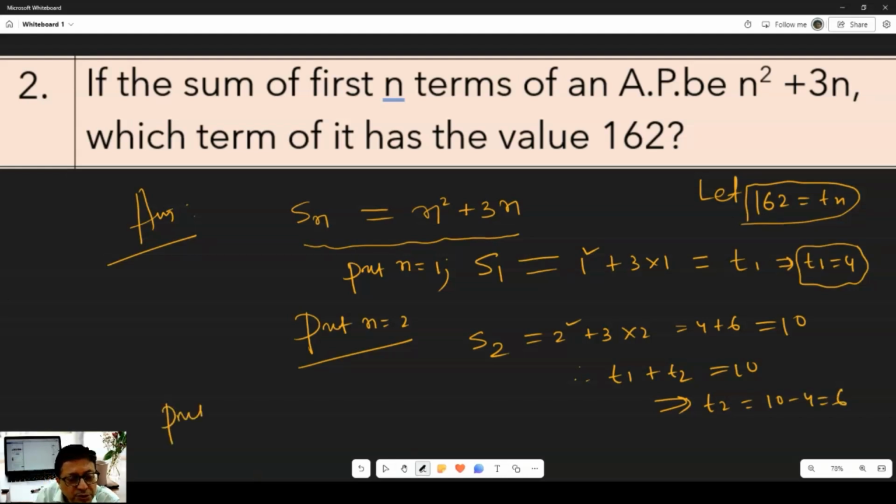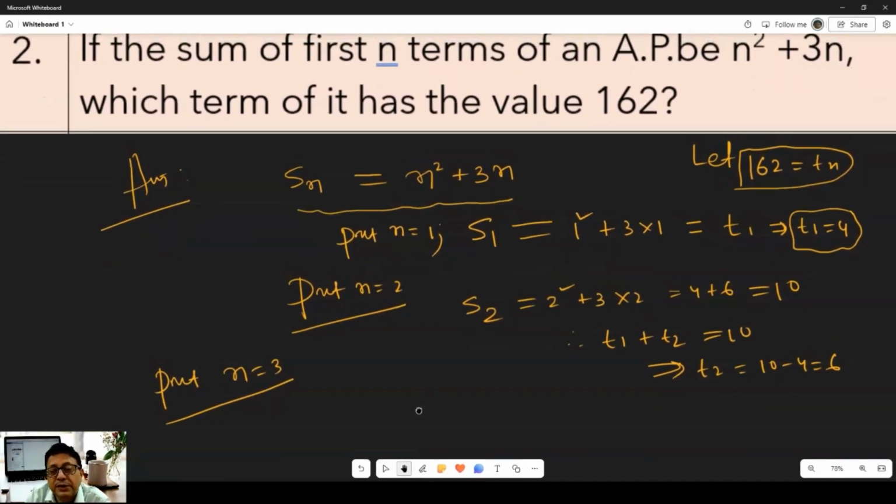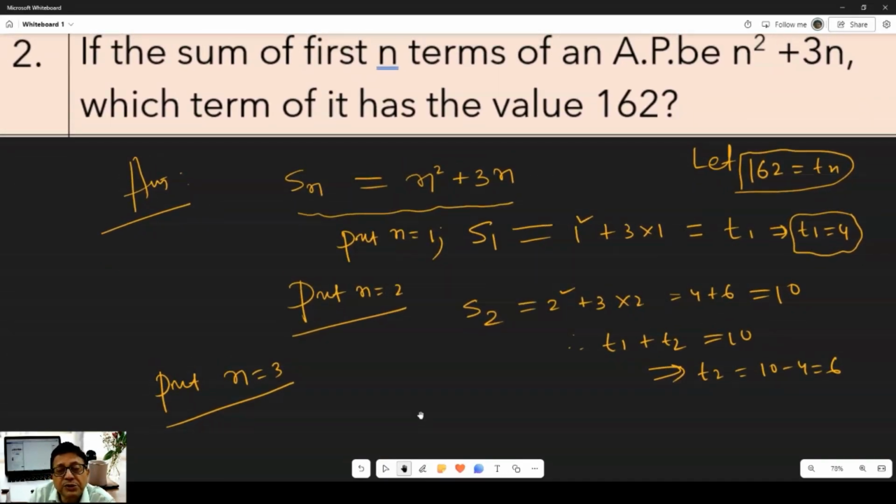Also you put n equal to 3. You can get T3 from there. Am I correct? Let us do it. So for n equal to 3, S3 equal to 3 square plus 3 into 3. This is 18. What does it mean?